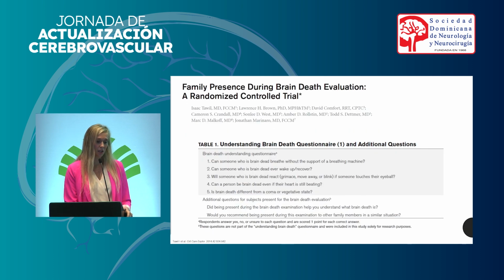This brings me to one thing I feel very strongly about, which is involving families in this diagnosis. We have evidence that when families are involved, they understand better. This is a randomized controlled trial that took family members of patients who were going to be declared brain dead and put them in one group that would be at the bedside during brain death testing, and another that was not. They were given a questionnaire, asking, for example, will they ever wake up?